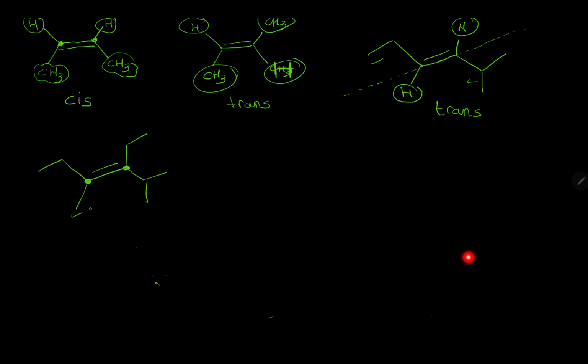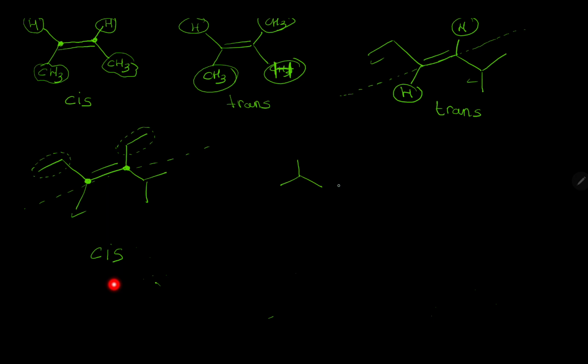Well, for example, CH3, we don't have a CH3 at this carbon here, so a CH3 cannot be chosen. Whereas if I looked at this carbon here, this is a branch which has two carbons, and I have a similar branch on the other side. So those are the similar branches. If I compare them, those are on the same side. So if this is my double bond, those are both above the double bond. So this is what? This is cis.